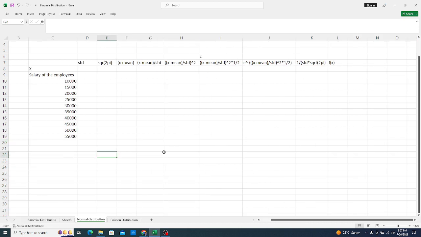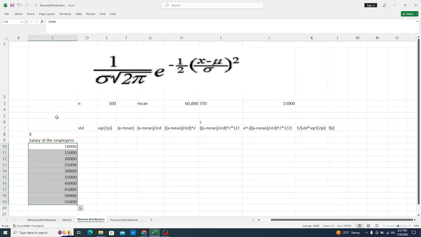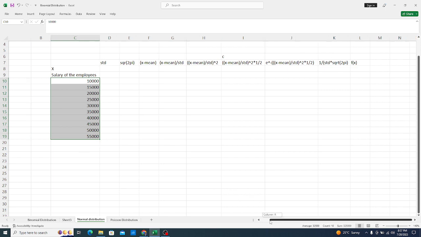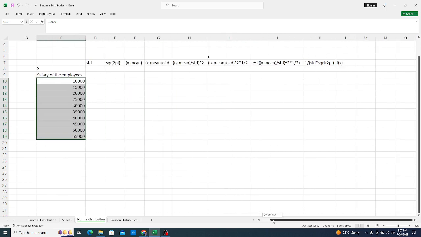So this is the random selected salary of 10 employees, out of 100 employees.